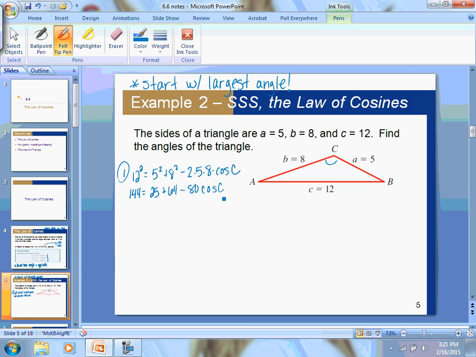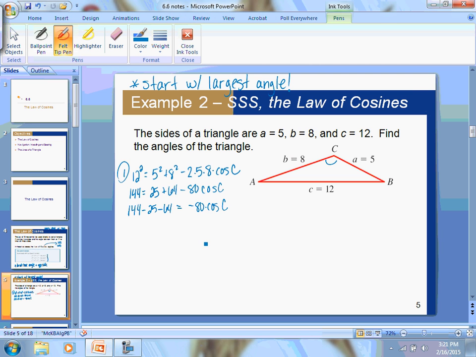Now, students often forget that that 80 has to stay with the cosine C for now. So as I try to solve for the cosine of C, I'm going to take the 144 minus the 25 and minus the 64. But I'm still going to leave the negative 80 cosine of C. I can't add the 80 over because it's being multiplied by the cosine of C. So don't forget your order of operations here.